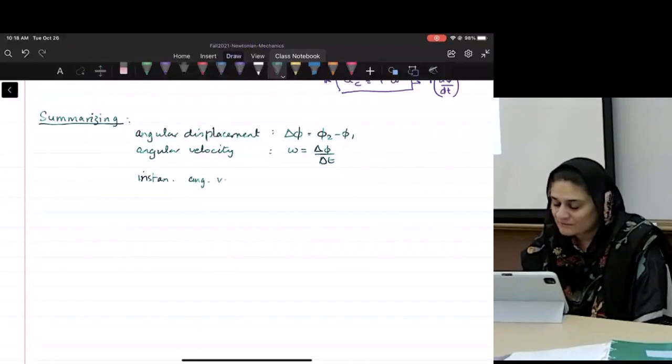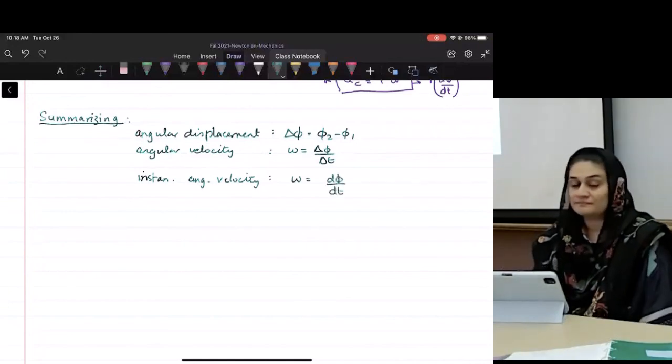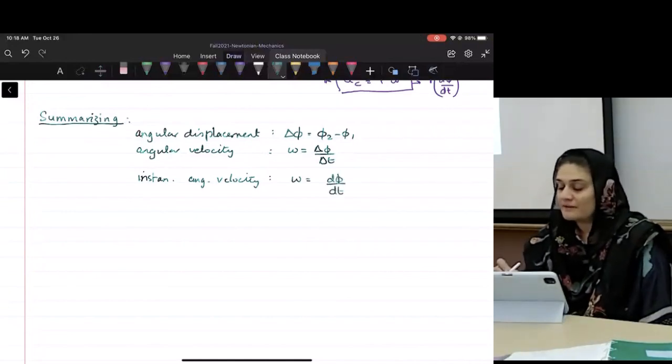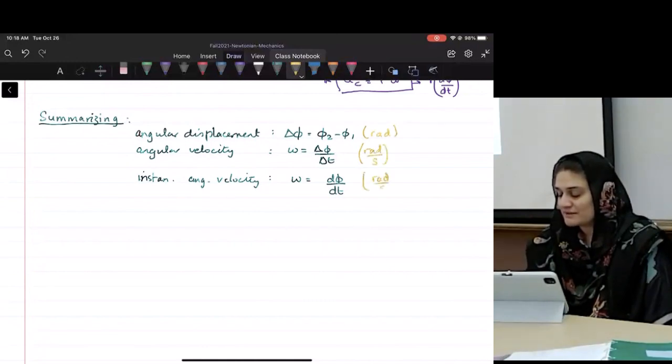Instantaneous angular velocity is given by d phi over dt. And the units for this is radians. The units for this are radians per second. The units for this are radians per second.